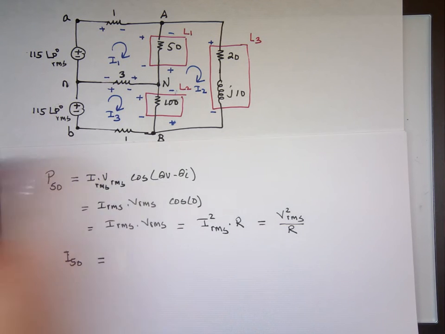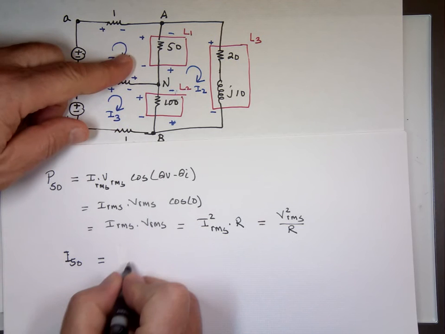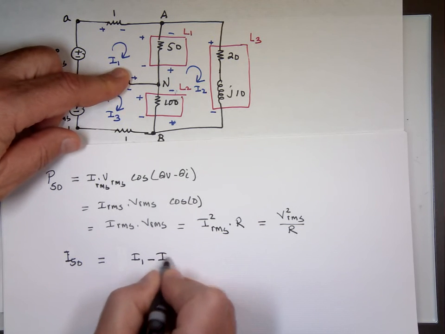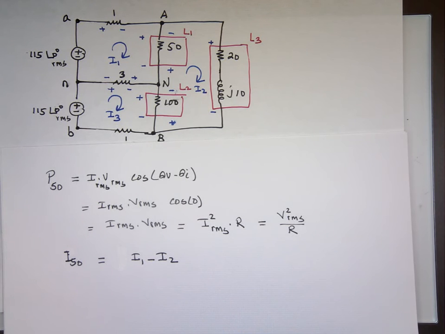The current is going to be I sub 1 minus I sub 2. Let me get my calculator again and plug these numbers in.